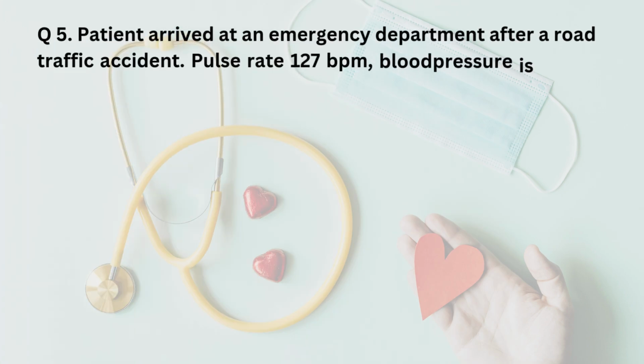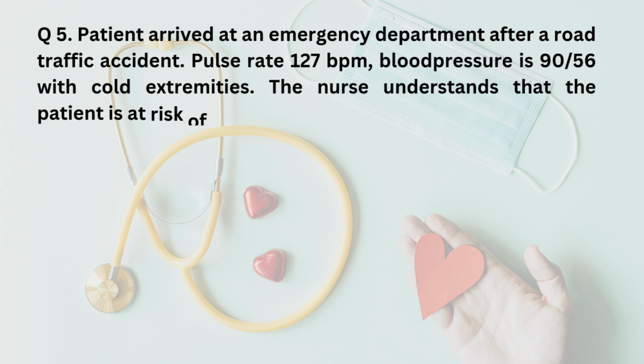Next question. A patient arrived at an emergency department after a RTA, road traffic accident. His pulse rate is 127 bpm, that is beats per minute. Blood pressure is 90 by 56 mm of Hg with cold extremities.